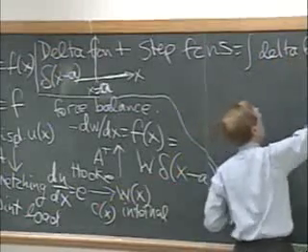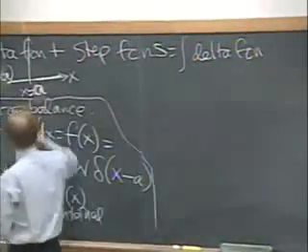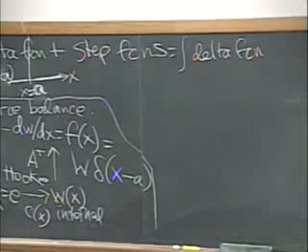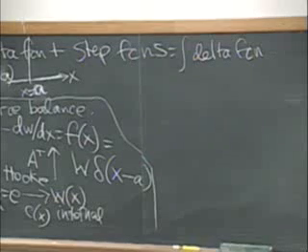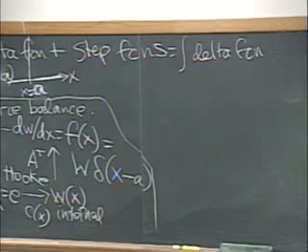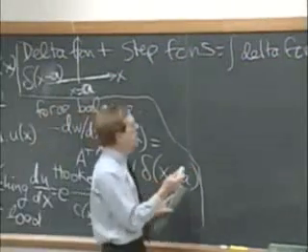Okay. So the delta function is worse than a step function. Integration always smooths things. Differentiation always makes them noisier. So here we're going in the smooth direction. So what happens if I integrate this function? I integrate delta of x minus a.